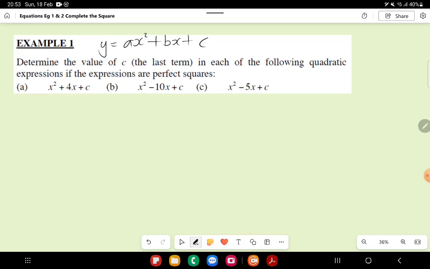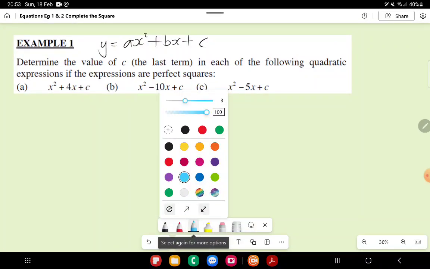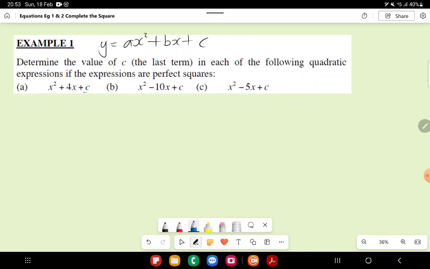I'm giving you 3 questions, and all of them have c missing. So instead of plus c, we now have plus, instead of a number, an unknown value for c. Before we can start this, I want you to know that to calculate c, c is equal to a half times b squared.